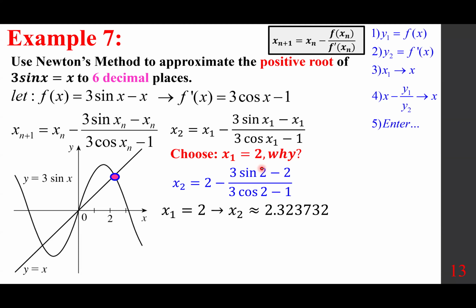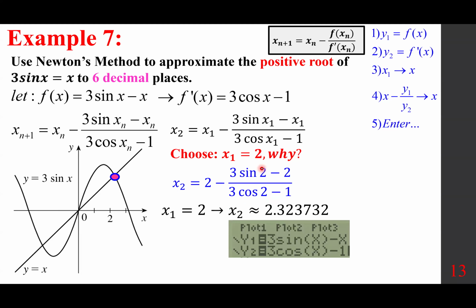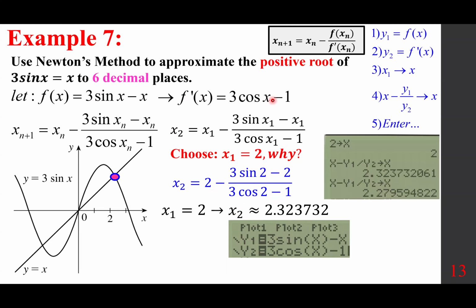At this point, this is getting tedious. You may use a calculator by writing y1 is the function 3 sine x minus x. Y sub 2 is its derivative, 3 cosine x minus 1. And store 2 in x, then x minus y1 over y2 in x, and you get this number.